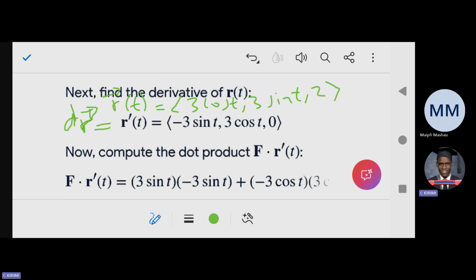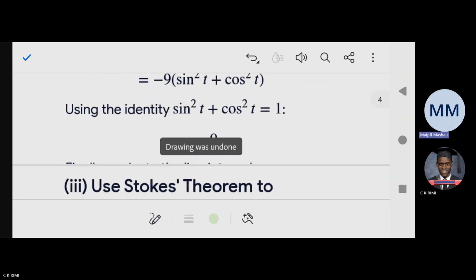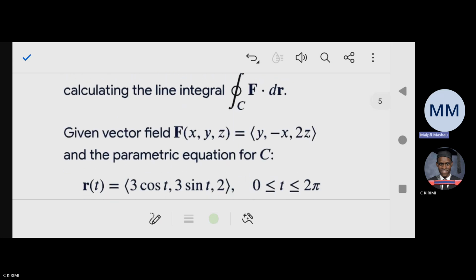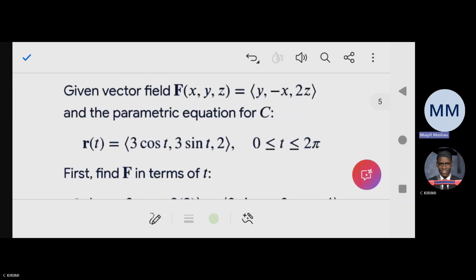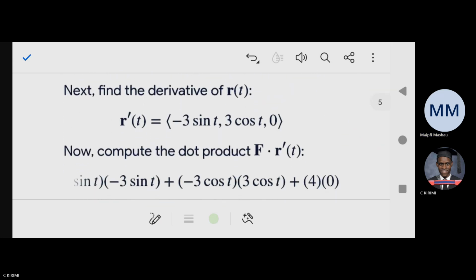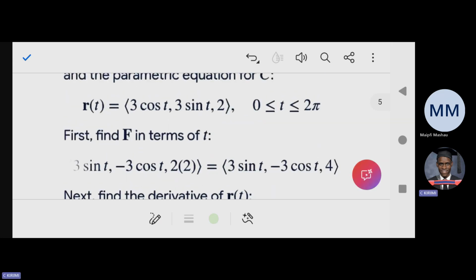So now, after we've found our function in terms of t, now we are going to find dr, the derivative of r. So by solving f dot r prime of t, which means this is a dot product, you know f. What did we say f is?